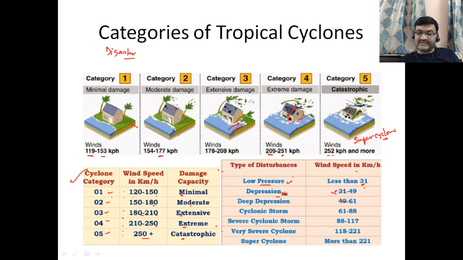This is known as depression, then it is known as deep depression. Again increase, then cyclonic storm, further increase, severe cyclonic storm. Okay, then again it is increasing. In this way, as you intensify the low pressure at the center of the cyclone, the velocity of the wind goes on increasing.